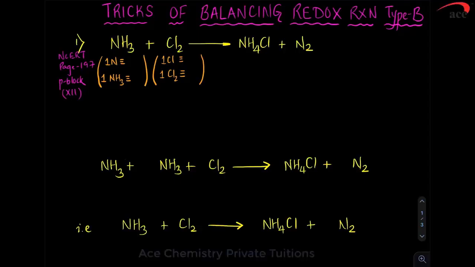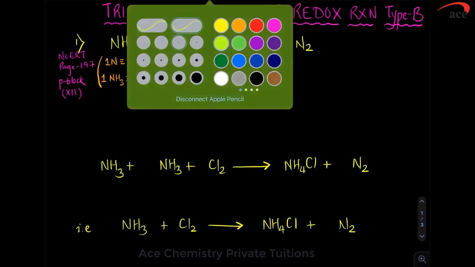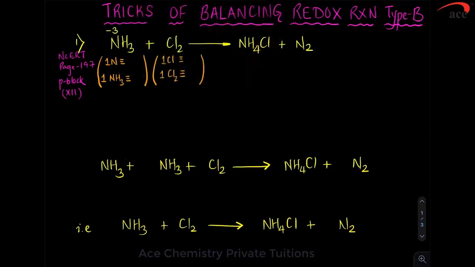So we come to tricks associated with balancing a redox reaction of type B. To understand type B, as we go to the first question, you will be able to understand what a type B question is and how you are supposed to balance it. Now, if you check, the oxidation number of nitrogen is -3, and nitrogen is 0.